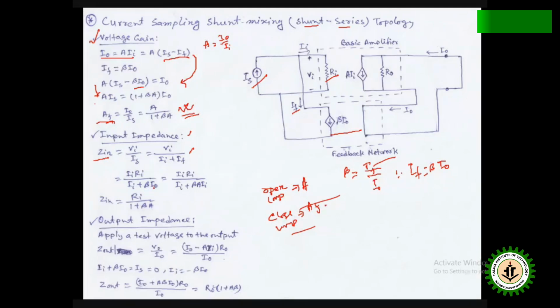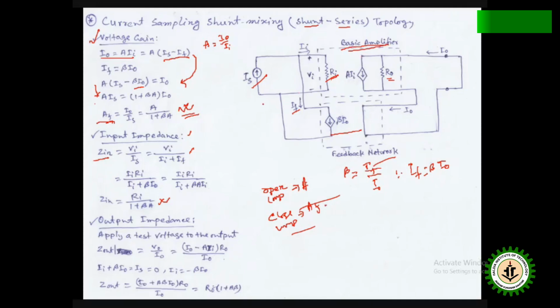So it is equal to Ii Ri by Ii plus beta A Ii. So we can write Z in equal to Ri by 1 plus beta A. So Ri is the input impedance of the basic amplifier, and R naught is the output impedance of the basic amplifier.